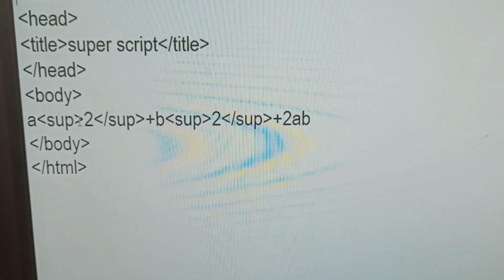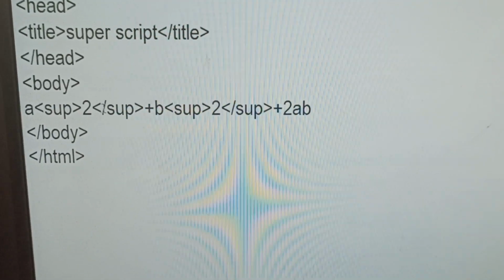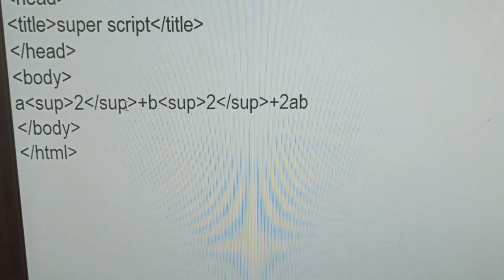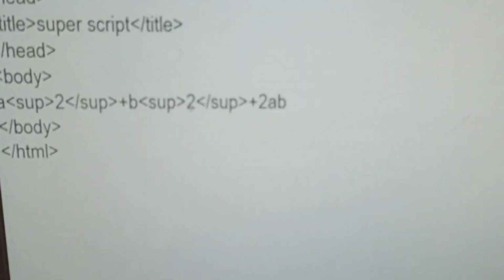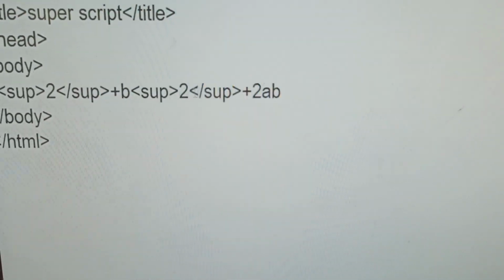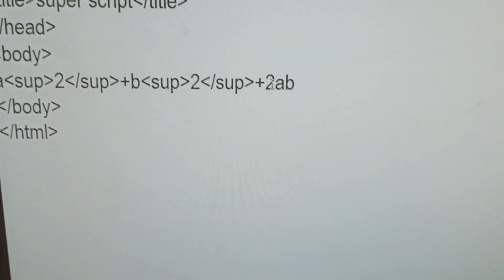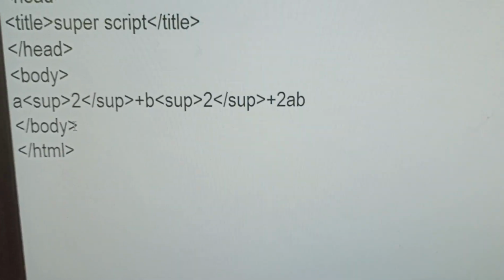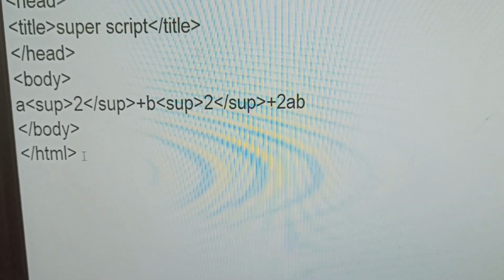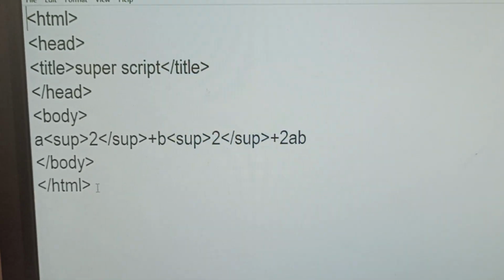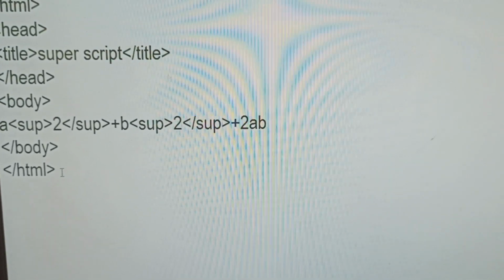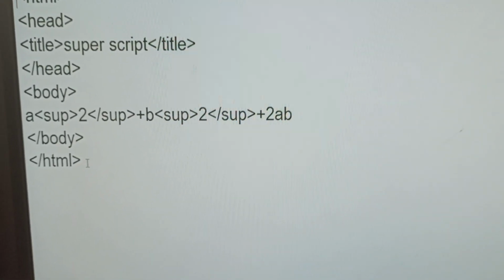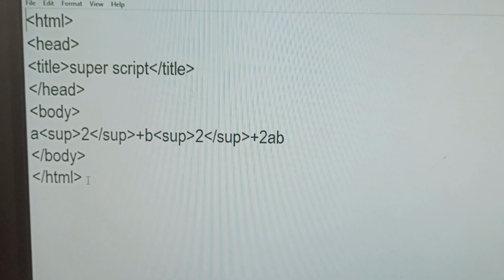A superscript, what is the number? 2, superscript closing, plus B superscript, what is the number? 2, superscript 2, with the opening and closing tags before and after, then normally 2AB, body closing, HTML also closing. In this way you can write x square y square plus 2xy also. No problem. I will try it in this program.